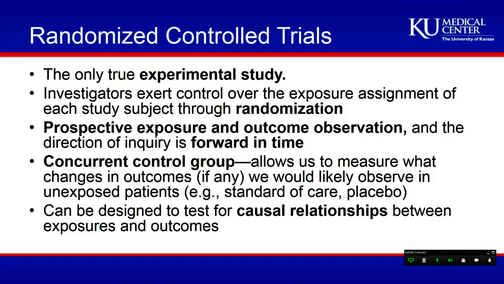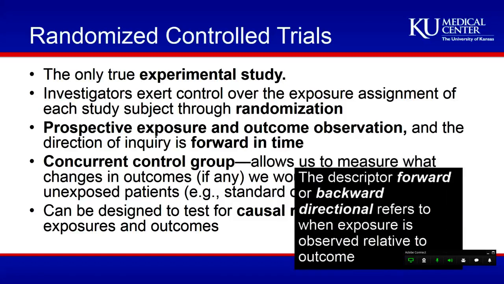With randomization, I don't think that there's any lurking factors that could cause the result. And finally, the randomized controlled trial is the only study that can be designed to attest to a causal relationship between exposure and outcome.